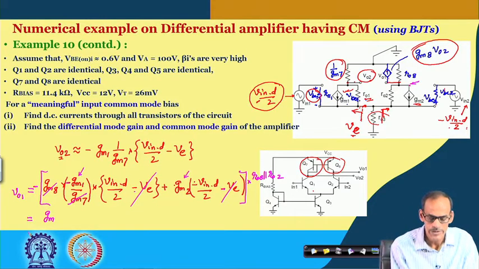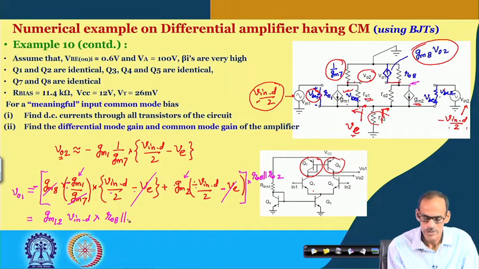So, this minus sign and this minus sign and this minus sign are getting converted into plus. So, eventually GM1 or GM2 multiplied by this Vind, multiplied by this net output resistance, which is practically RO8 and RO2 in parallel.